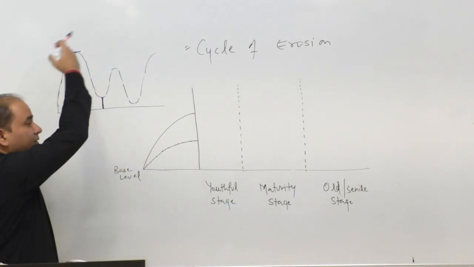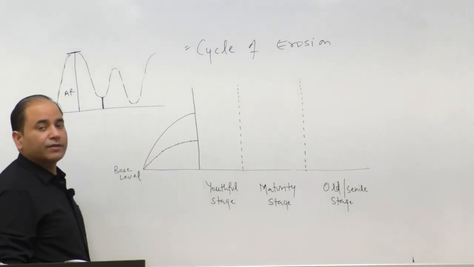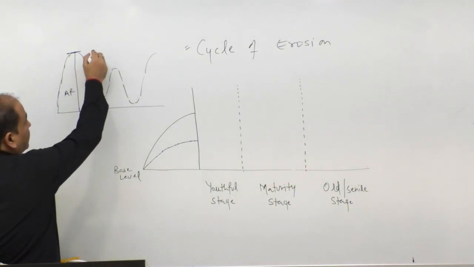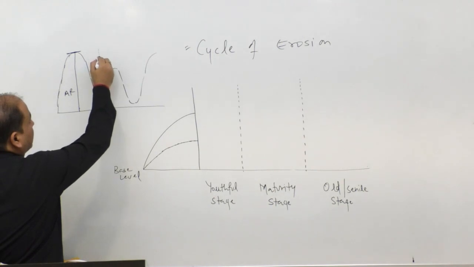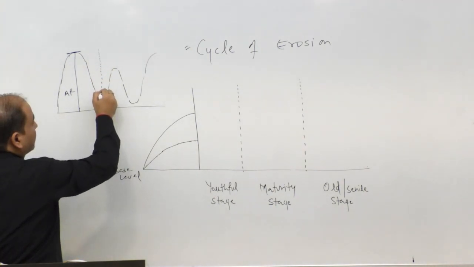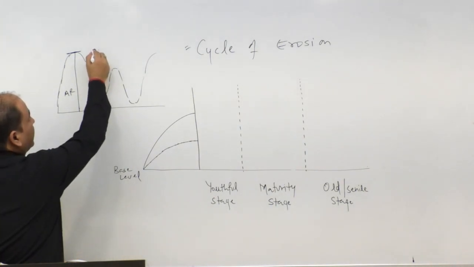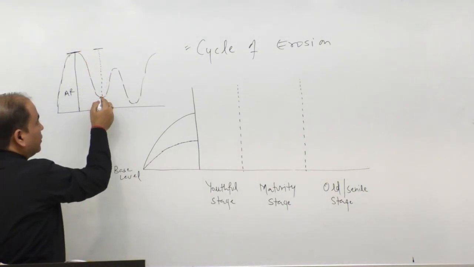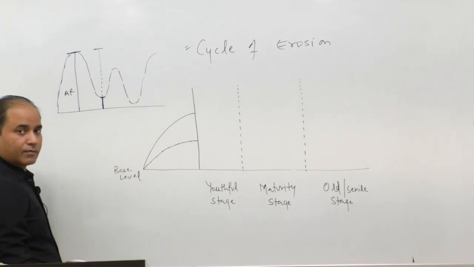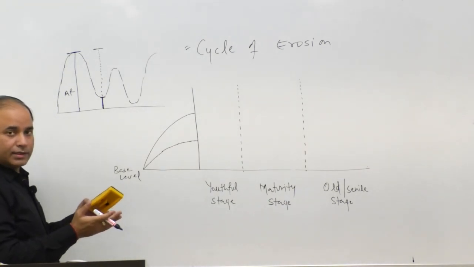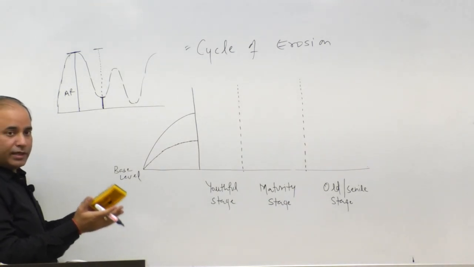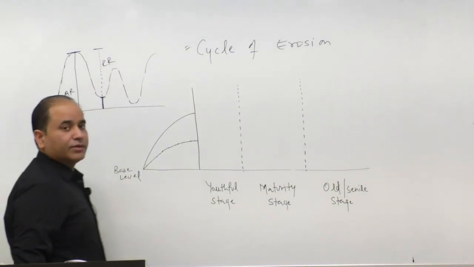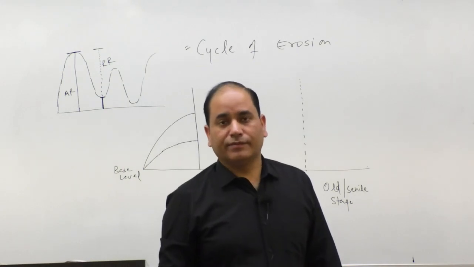The maximum height of the mountain is referred to as absolute relief. The difference between the maximum height of the mountain and the valley floor is known as relative relief.